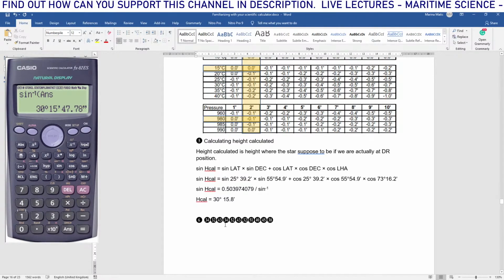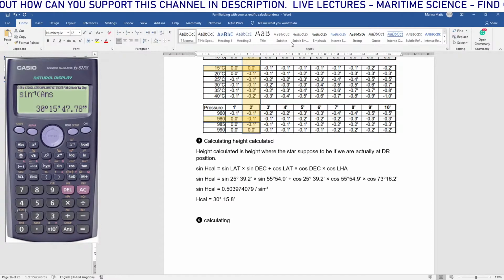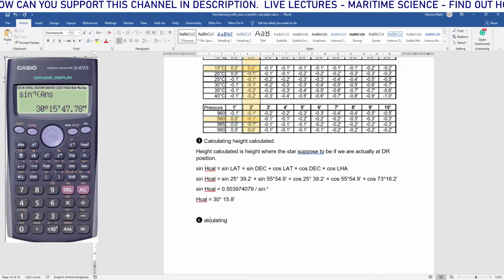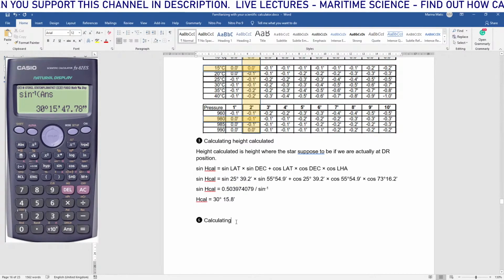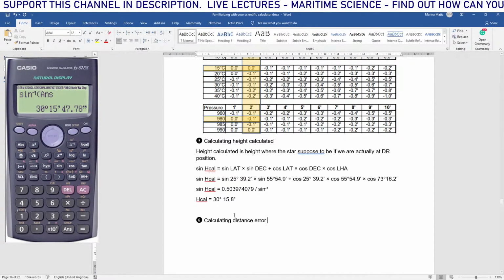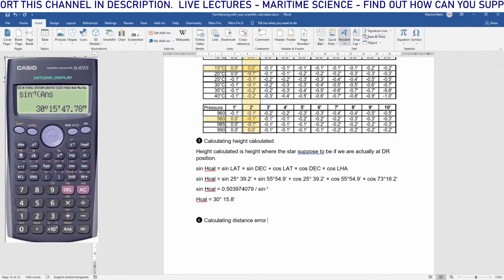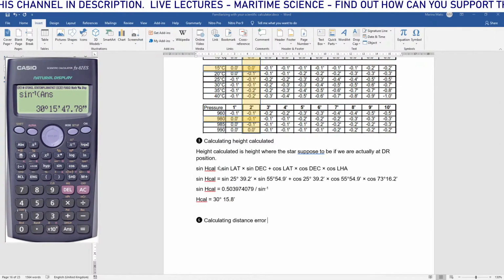Calculating distance error, and distance error has a label. Do we have delta?